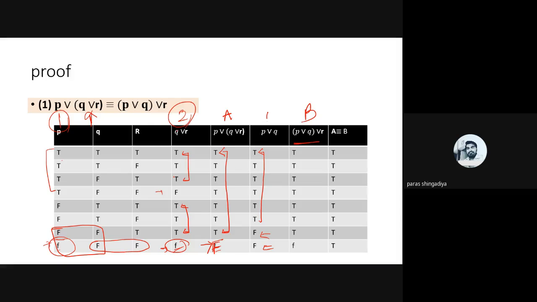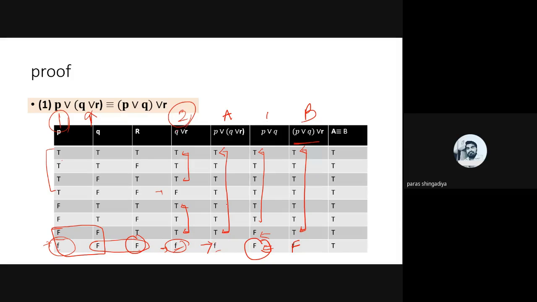Just check the places where both outputs are false. In the last row both values are F, so write F here and in all the remaining places replace with T. Clear?